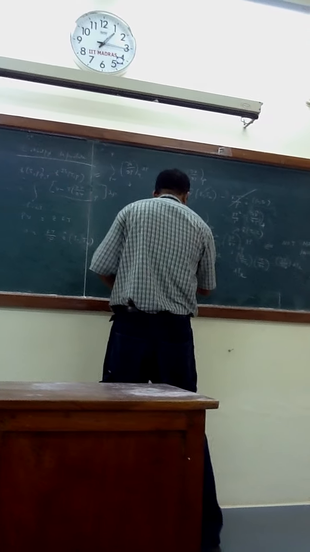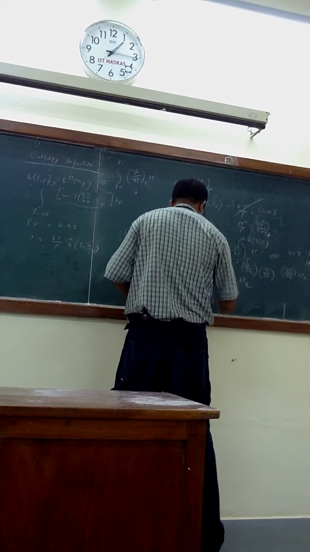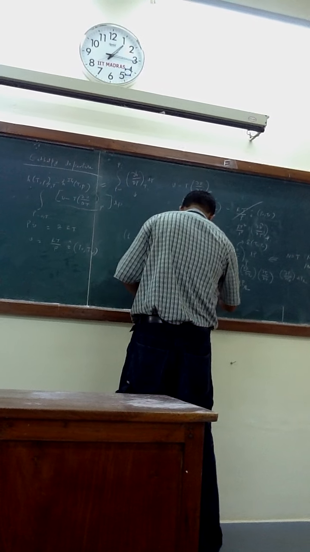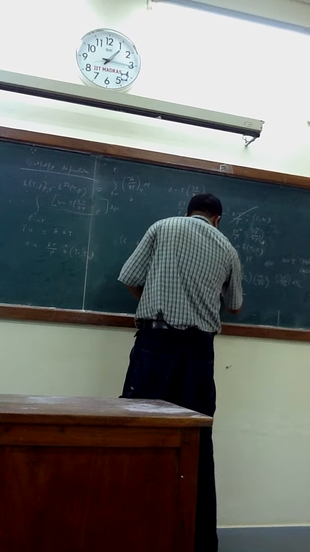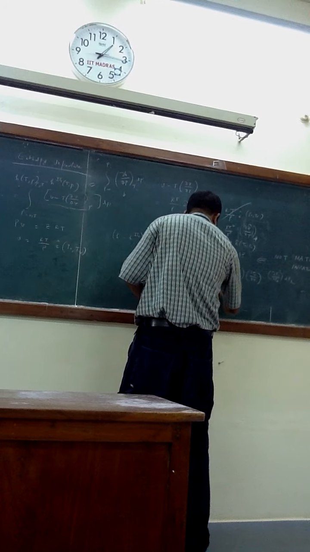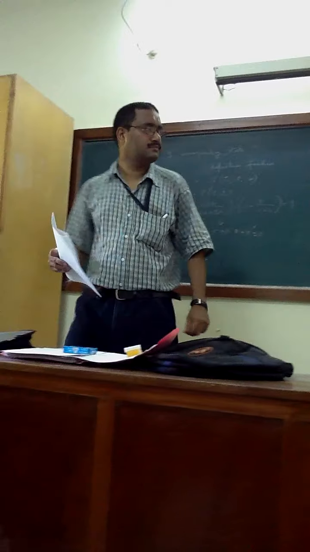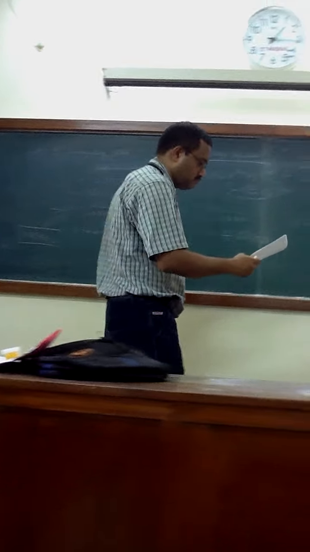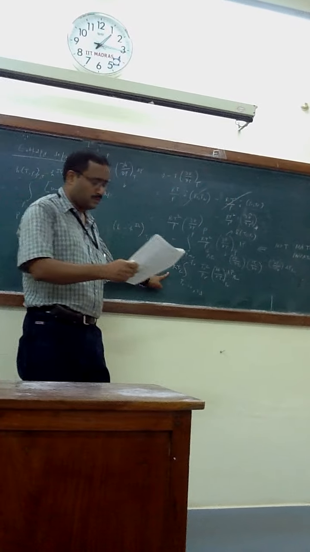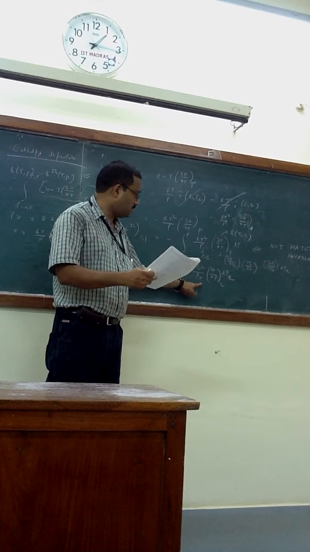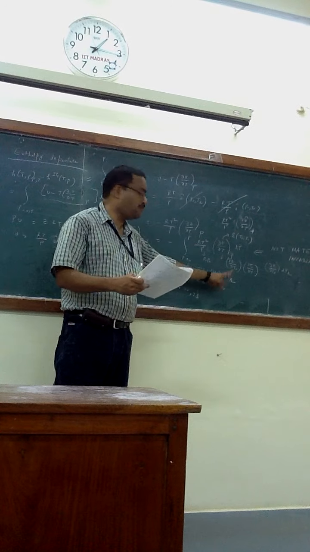I will put RTc minus RTc TR square by PR ∂Z/∂TR at PR, dPR.